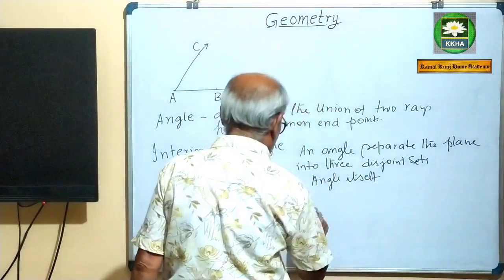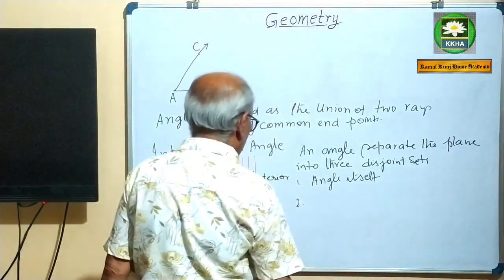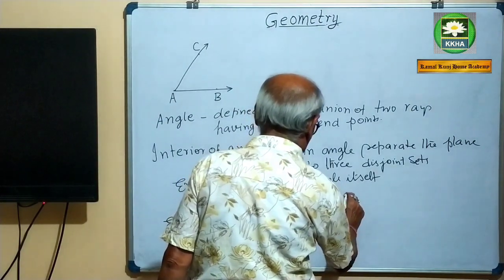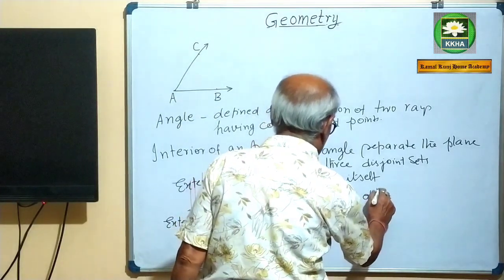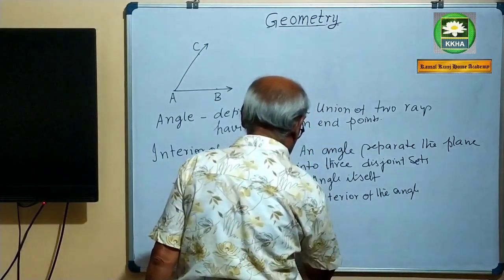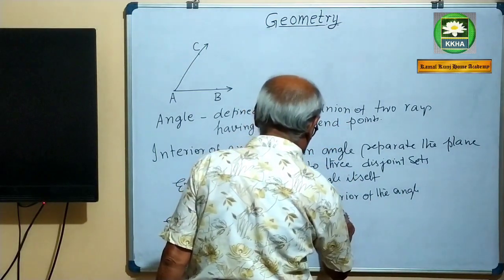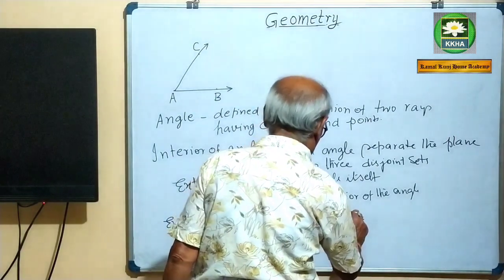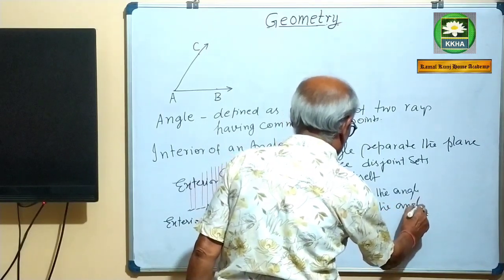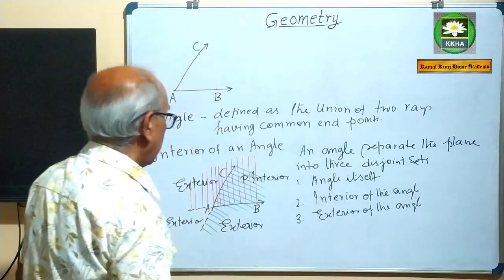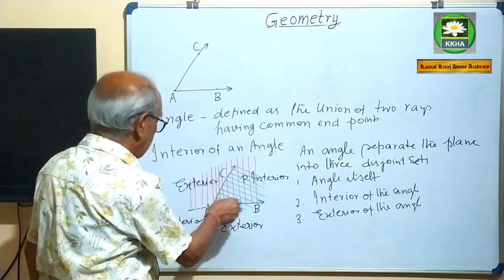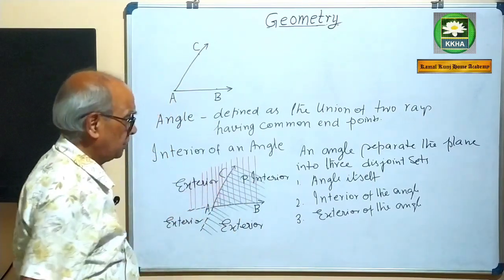Second is the interior of the angle, and third is the exterior of the angle. Thus, an angle separates the plane into three disjoint sets: the angle itself, interior and exterior.